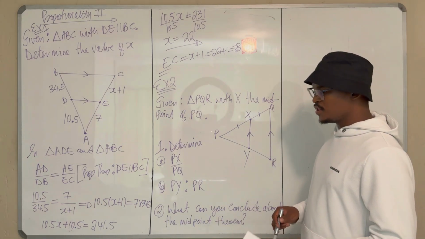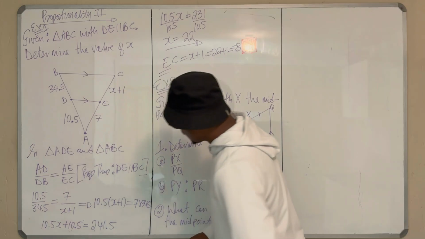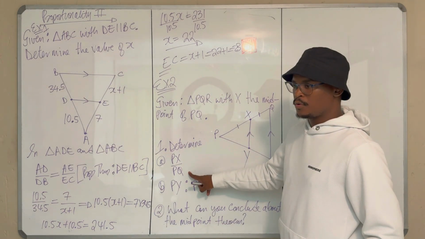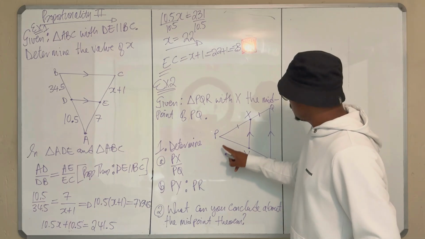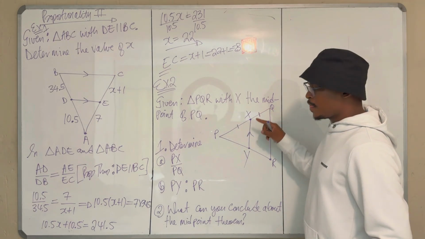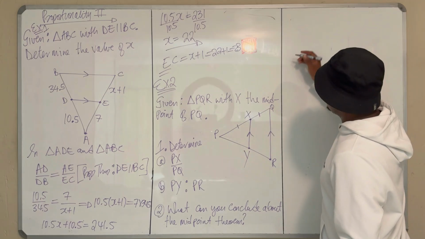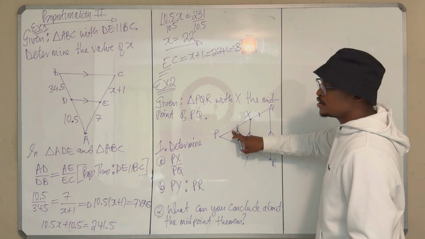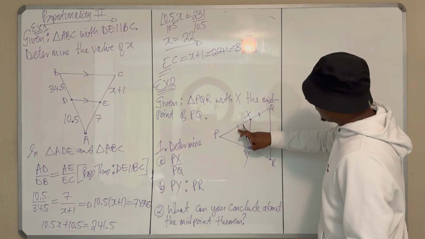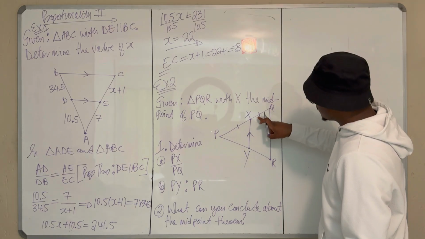Yes. So on the first question, they want us to write PX over PQ. Can you say that? Yes. PX over PQ. So we can see PX is just this part, but PQ, which is the entire side, is PX plus XQ.